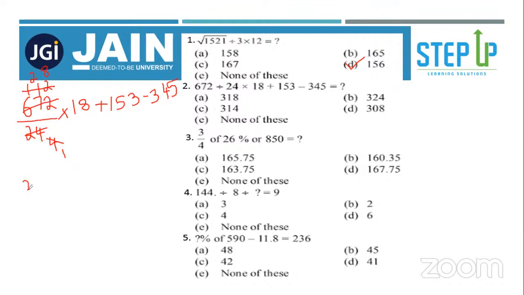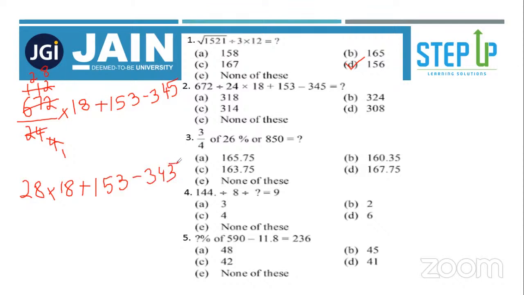So 28 times 18. Yes, correct. 28 times 18, you get 504. Okay. Plus 153. 504, 604, 654, 657. Yes. 657 minus 345.